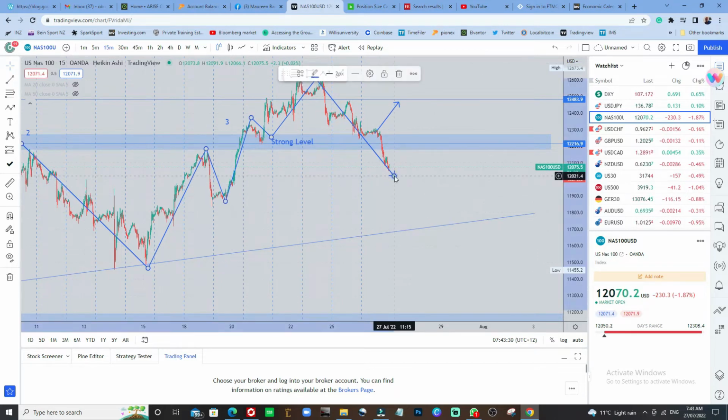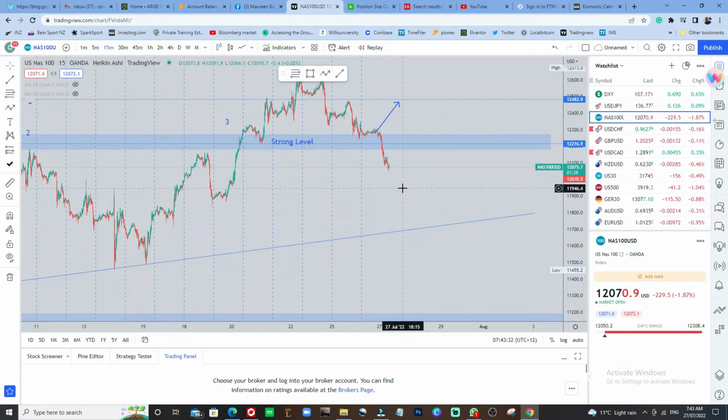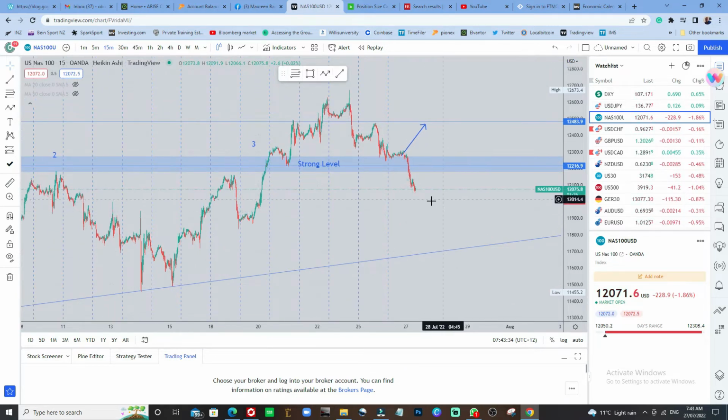If the US dollar gains more strength, there is always a corresponding weakness in indices, and that's what we can see here. The indices gained less strength because there was strength in the US dollar. You can see from this area that there was a weakness in the indices and a corresponding strength in the US dollar.